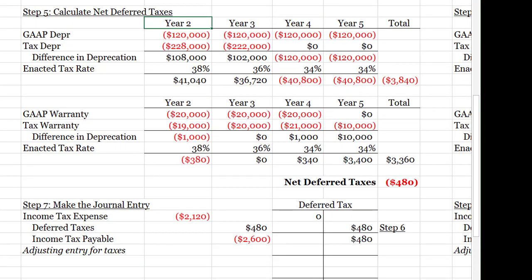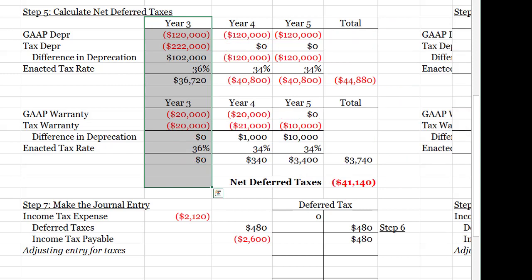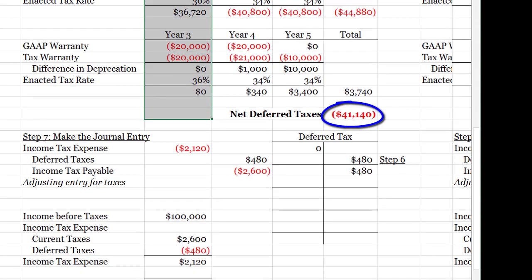Moving into step 5, I'm only going to look at future years. Since I'm in year 2, the future years are now 3, 4, and 5. So I'm going to delete year 2. And I now want a net deferred tax amount of $41,140. It's negative, so it's a credit. So I'll come down here to my deferred tax T account.